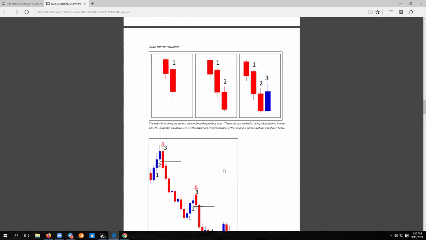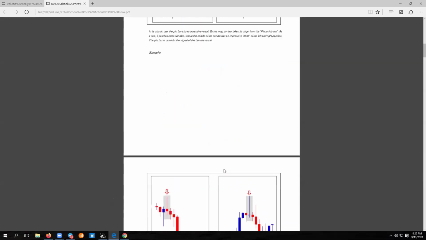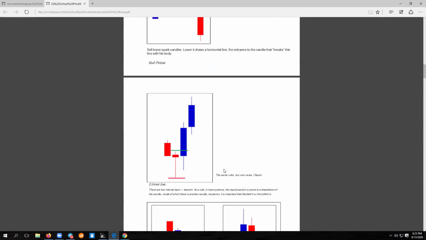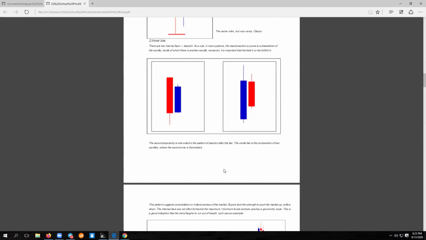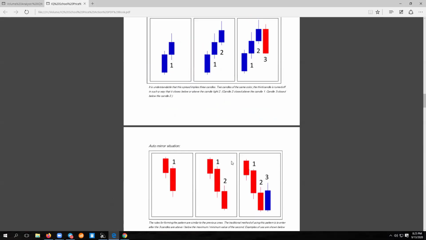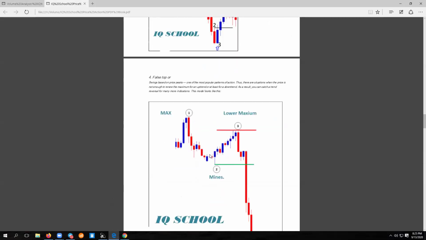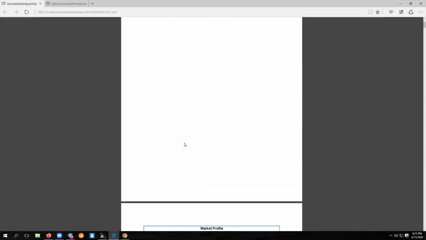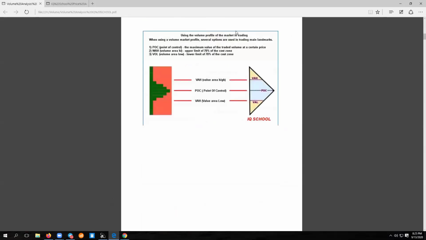I forgot to add the distribution curve. B, T, and D shape. Sir, high volume nodes or volume analysis, yes? Yes, the high volume node is here. I already showed that. It forms the high volume, which makes a distribution curve pattern.